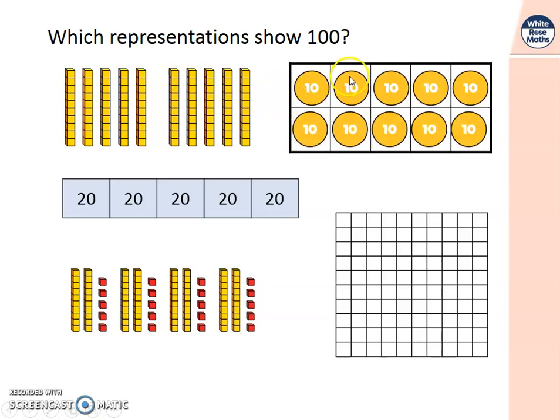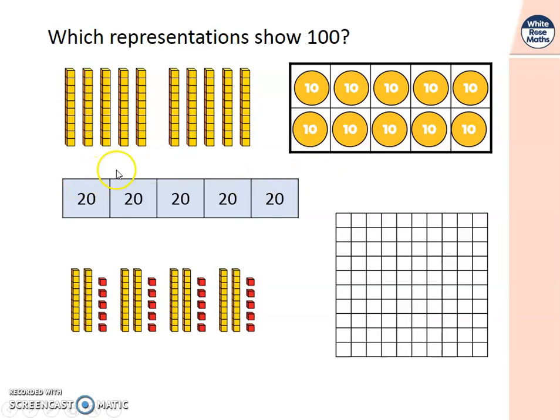Onto this one. In our tens frame, you can see that we have split our 100 down into groups of 10. How many groups of 10 do we have? 1, 2, 3, 4, 5, 6, 7, 8, 9, 10. 10 individual groups of 10 makes 100.